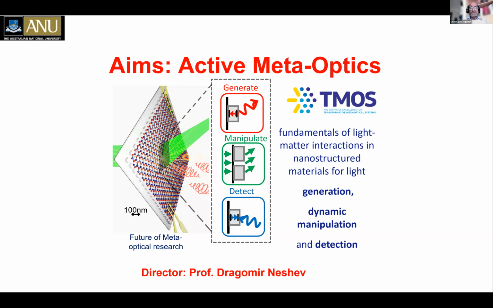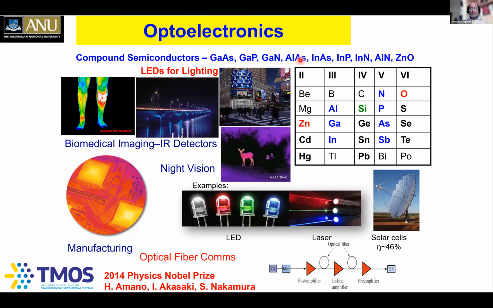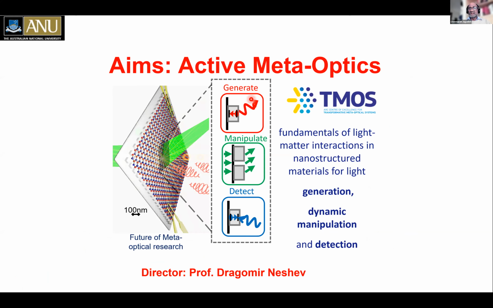In this Center of Excellence, we are really focusing on active meta-optics, using nanostructures to generate light, for example, lasers and LEDs based on nanostructures, which I plan to cover, and then also manipulation of light using metamaterials, and then detection of light again using nanostructures. So really we are trying to understand the light matter interaction at the nanoscale and to be able to generate and manipulate and detect light.